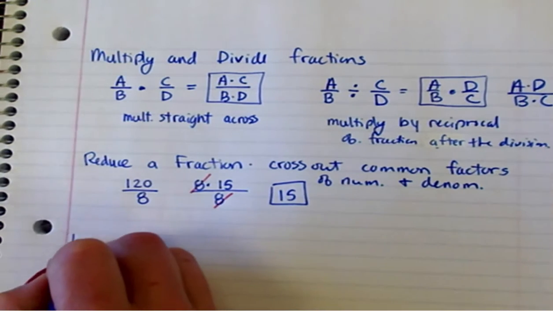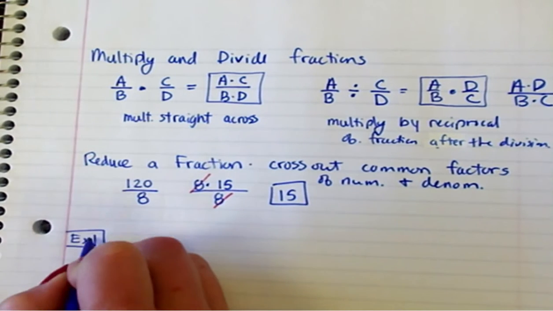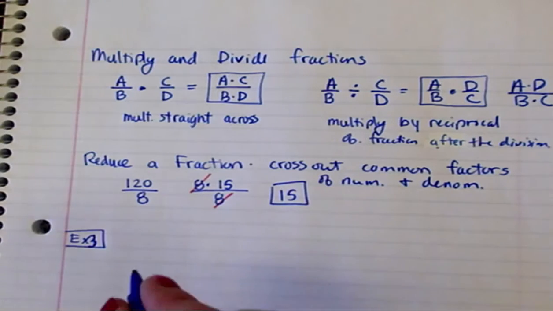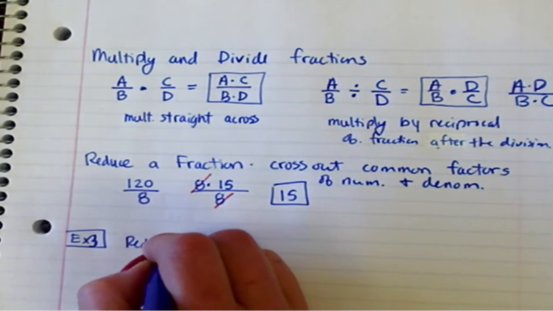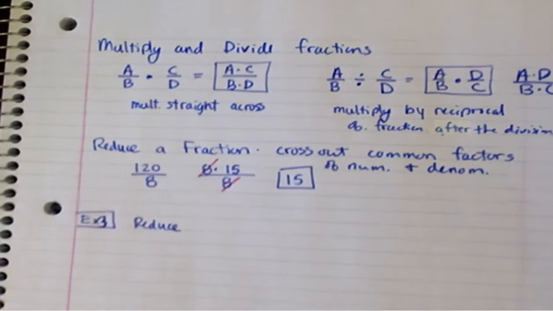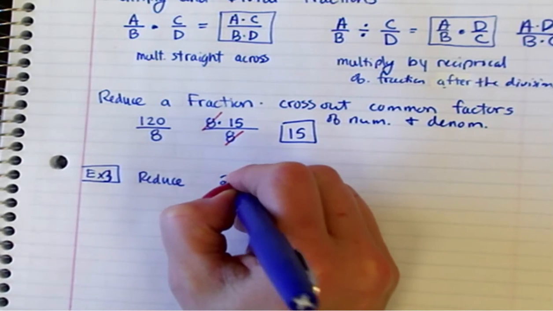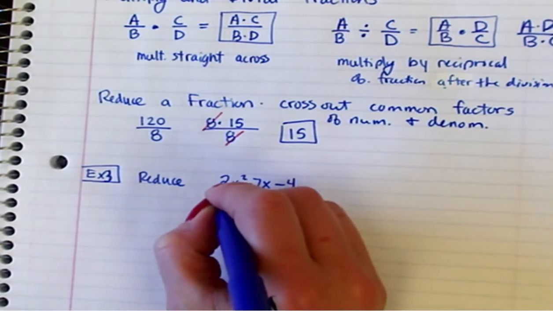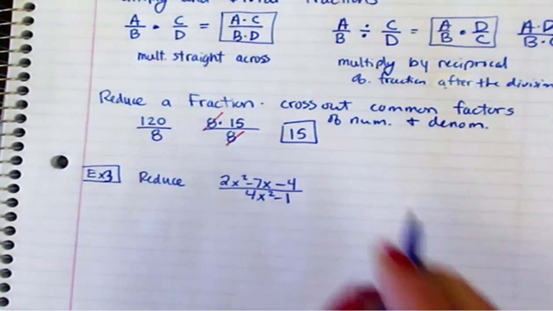So let's do, I guess this is actually example 3. Reduce 2x squared minus 7x minus 4 over 4x squared minus 1.